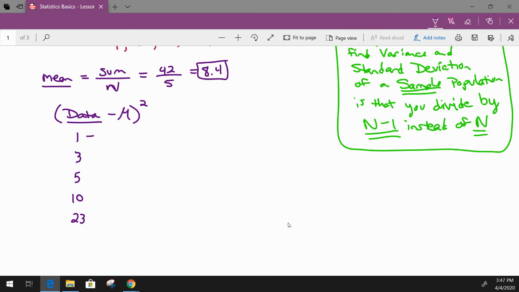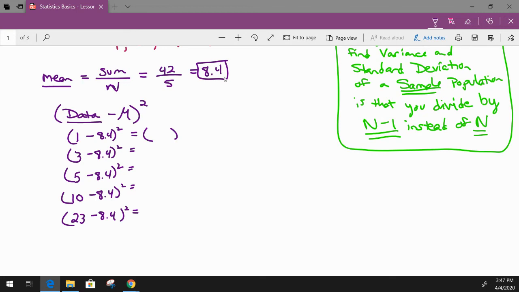Then I'm going to subtract my average, or mu, which is 8.4. After I subtract those numbers, I'm going to square them. Of course, I would probably use a calculator, and I've already done these calculations.